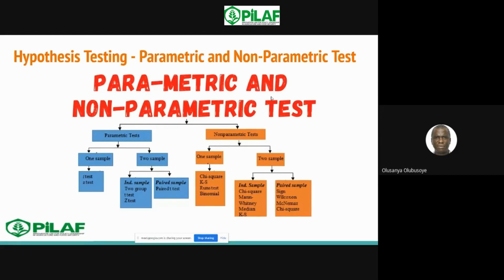In other words, they have a relationship. As it is in parametric, so also it is in non-parametric, but whether 1 sample or 2 samples, there are different tests. In the case of parametric, the t-test is applicable to 1 sample. It's also applicable to 2 samples. Same for non-parametric. The tests that are applicable are the ones shown there, but they are not our focus in this training.